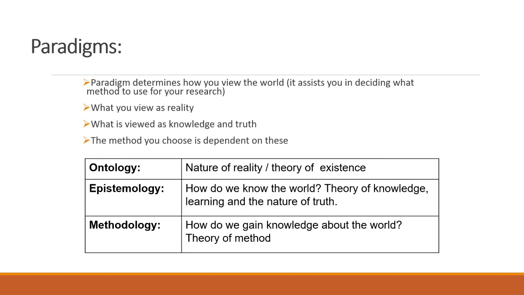And then epistemology is the theory of knowledge. When we're talking about epistemologies, epistemic justice, epistemic violence, it all speaks to the ways in which we come to know the world, we make meaning of the world, and also what we perceive as the nature of truth as it relates to the world.